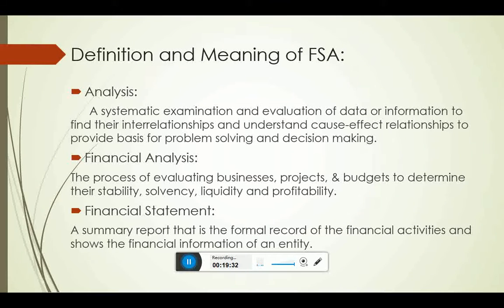Solvency means the ability of this business to pay its debt. It means that we will find out how much loan we are required to obtain in order to implement this project or business, and then do we have the ability to pay back that loan or not? If yes, that's called solvency. If the finance is available for that project, and then we can pay back that finance, this is the solvency of the business.